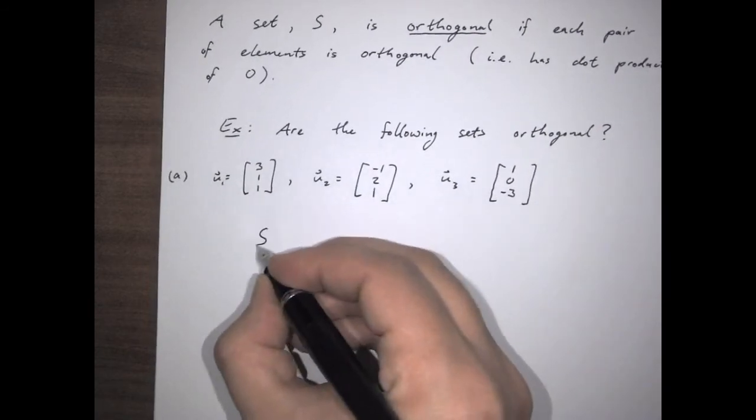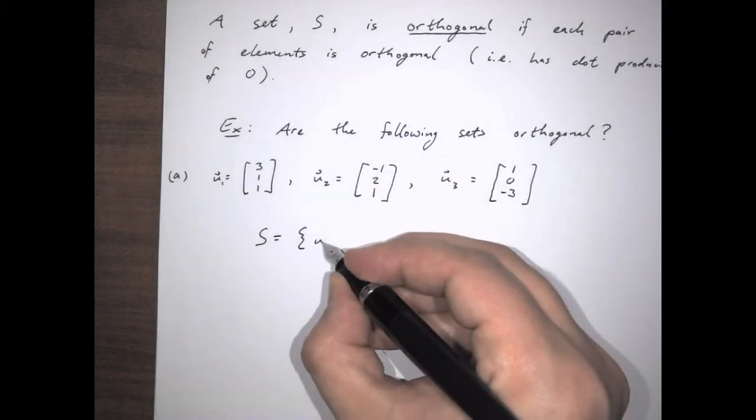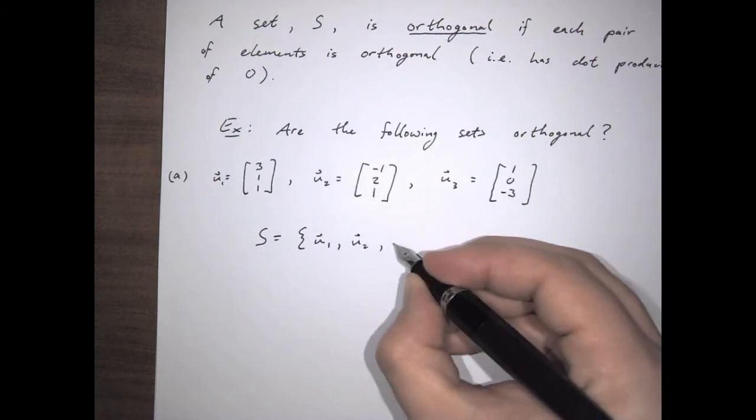And then the set in question is going to be S, the set comprising these three elements, U1, U2, U3.